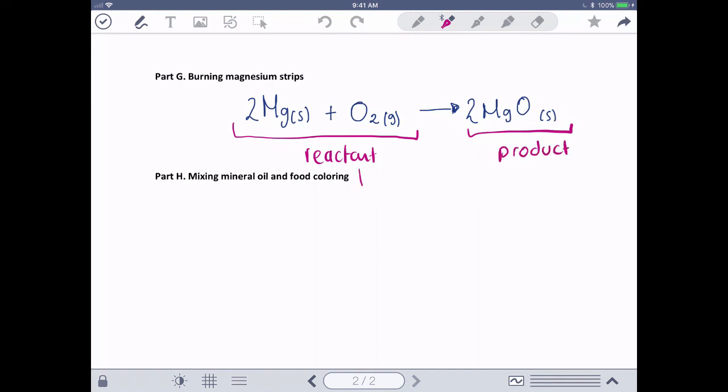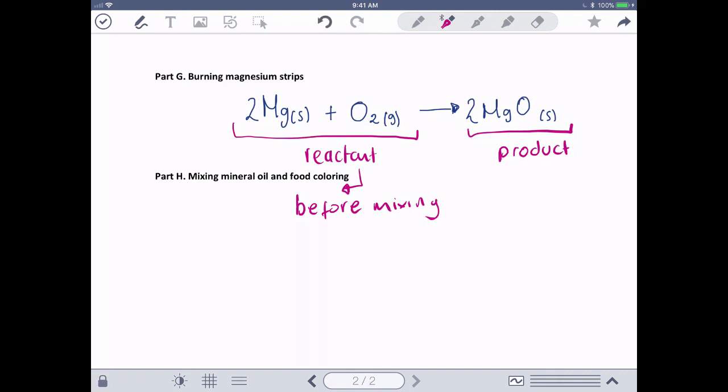The reactant is everything that you had before mixing, before the change took place. And the product is what you observe after the changes take place, so that you can have a better idea of how to interpret the data that you collected.